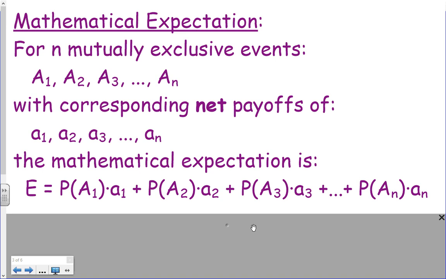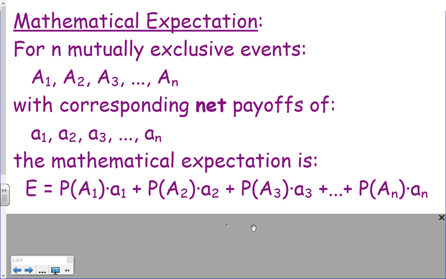And they have a corresponding payoff, and we'll use little a to indicate the payoff here. So little a sub 1 will be the payoff for event big A sub 1, and little a sub 2 will be the payoff for event big A sub 2, and so forth, all the way up to little a sub n, which is the payoff for big A sub n.